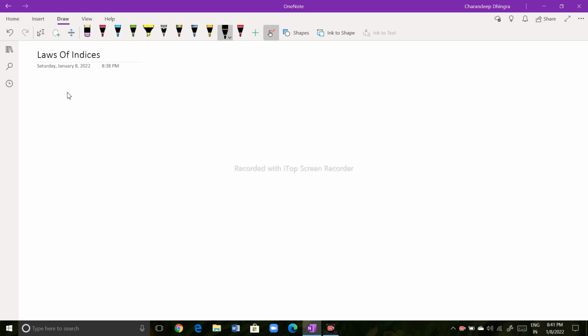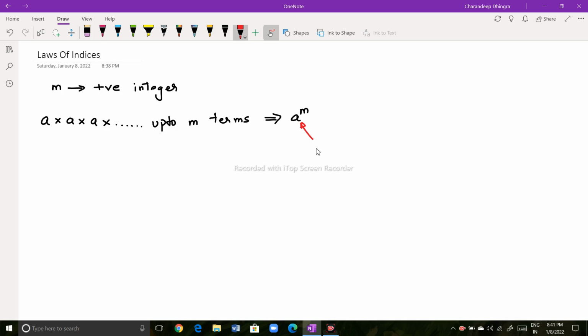So let's start off with the basic part, which says if m is a positive integer, and if we have to represent a cross a and we do this up to m terms, then this can be written as a raised to m, where a is called the base and m is called the power, or we can say the exponent, or index.